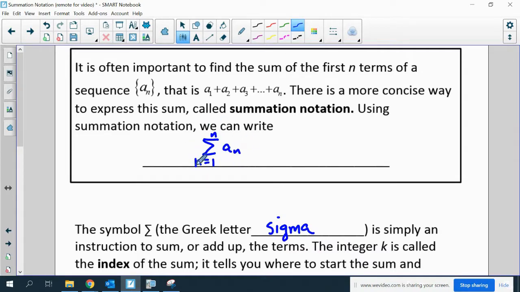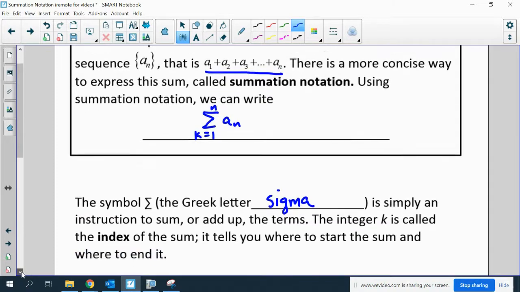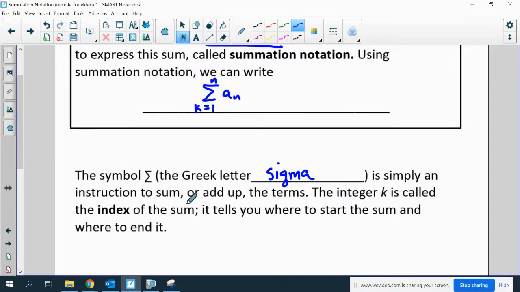That would be the easiest way to write the summation notation of the first n terms of a sequence. So this symbol is an instruction to add up all of the terms. Sigma just means sum them up. S for sigma, S for sum. Add them all up. That's basically what that means.